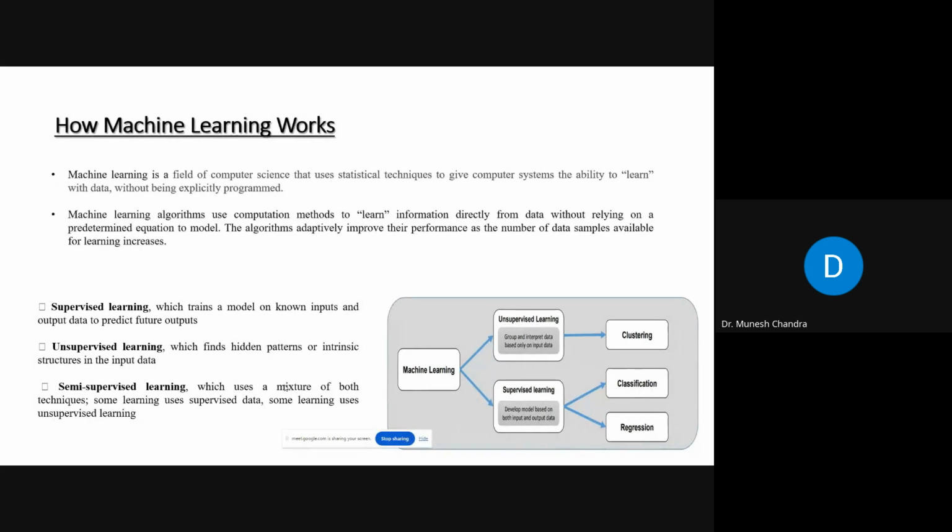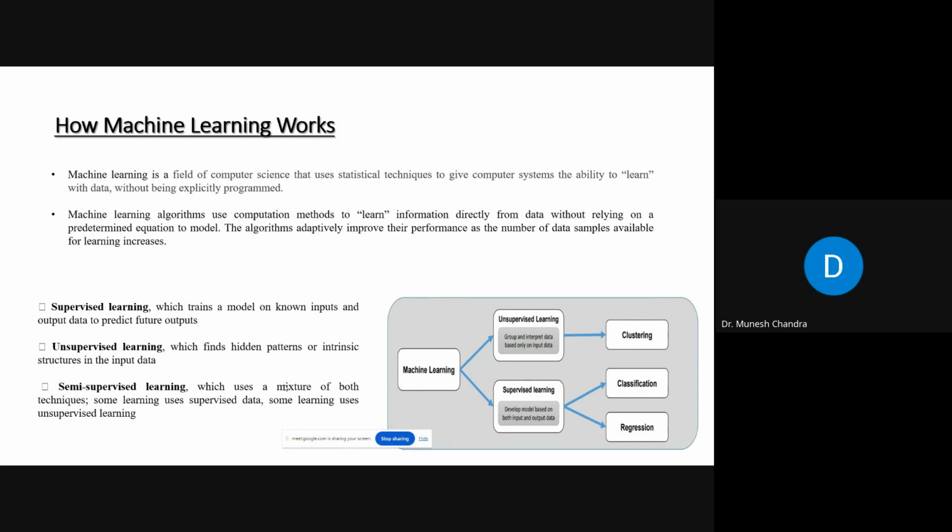The techniques used in supervised learning are classification and regression. The major objective of supervised learning is to develop a model based on both input and output data.